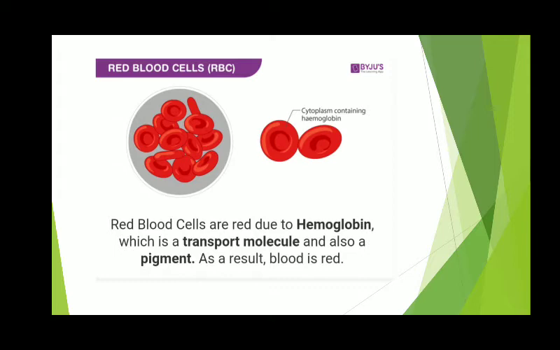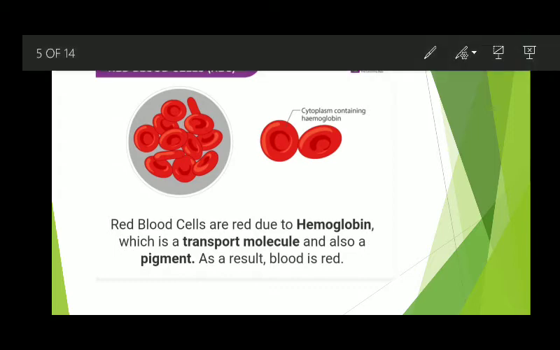Red blood cells are red in color, or we can say blood is red in color, and it also helps in carrying oxygen from the lungs to all cells of our body. These are red blood cells. You can see they are circular, or we can say biconcave in shape. They contain cytoplasm in which there is hemoglobin.